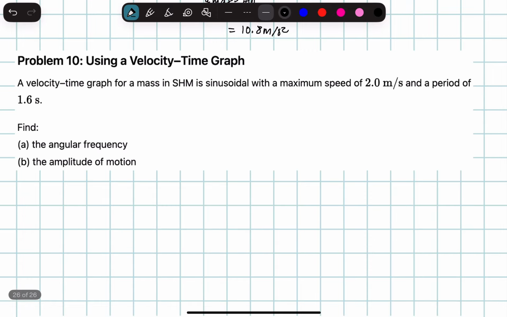A velocity time graph for a mass in simple harmonic motion is sinusoidal with a max speed of 2 meters per second and a period of 1.6 seconds. Find the angular frequency. So we know that A max is equal to the amplitude times omega squared. So that means omega squared is equal to A max over A. That's going to be 5.0 over 0.25, which is equal to 20.